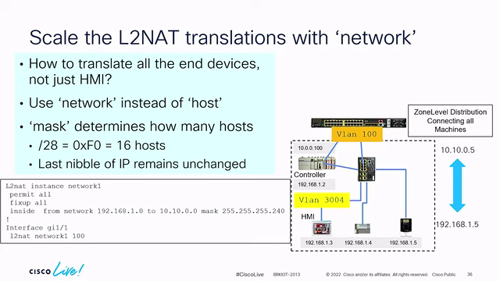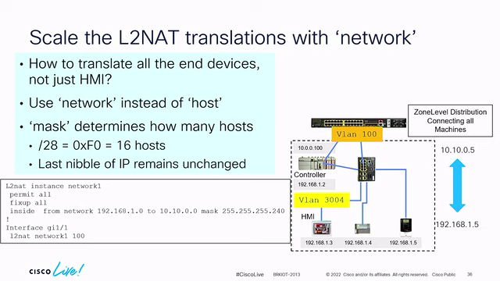So you can do it this way. But the other thing that you have to look at is the masking that gets done this way. I'm going to use this example. This is the most common one, where we're going to use a /28, which is 16 hosts, and that has a mask that looks like 240. If you're really doing your hex, you'll know that we're really talking about only the last nibble is going to change.